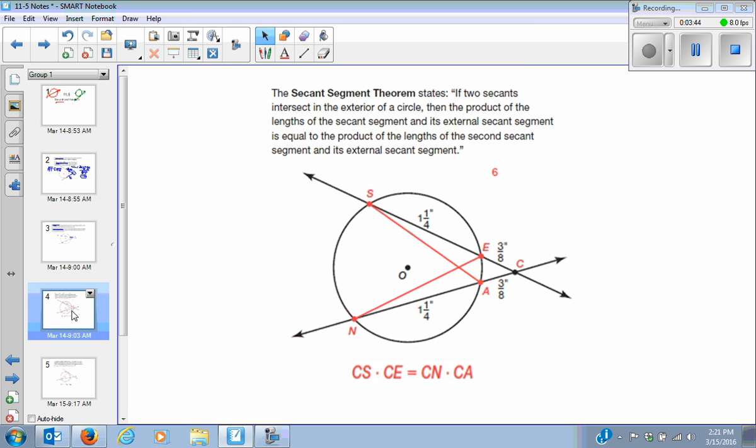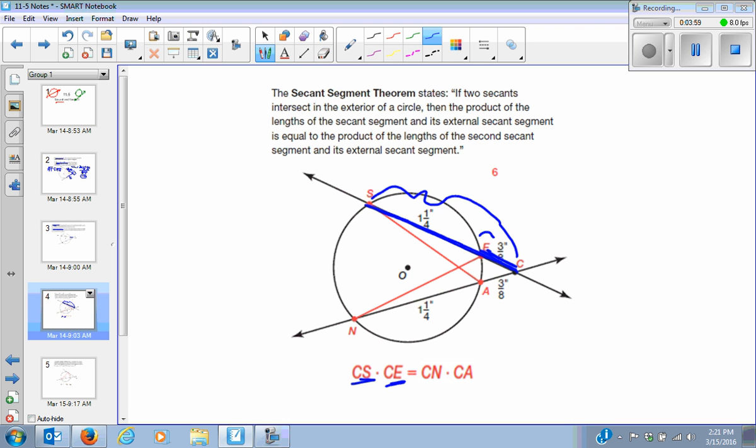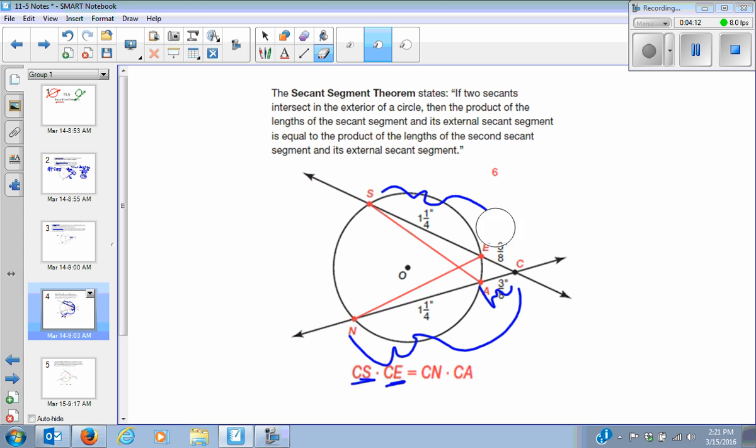All it's saying is if you take CS, which is this whole segment right here, and you multiply it by CE, so this whole part multiplied by this little part, that is going to equal this whole part times this little part. Those are the pieces that it's talking about. I'll erase that so you can see that a little clearer. Okay. So CS times CE, those lengths, is going to be equal to CN times CA.